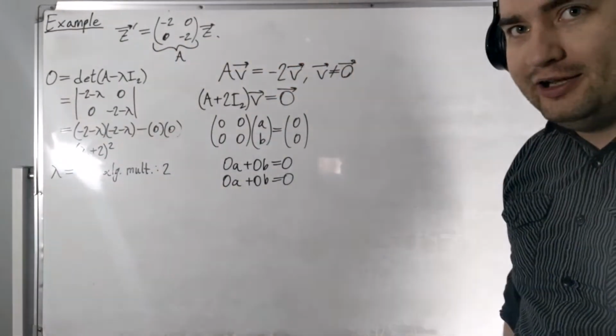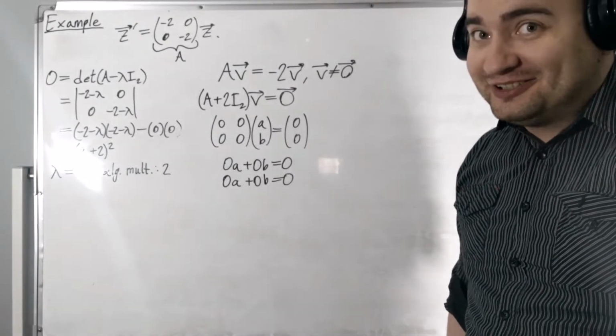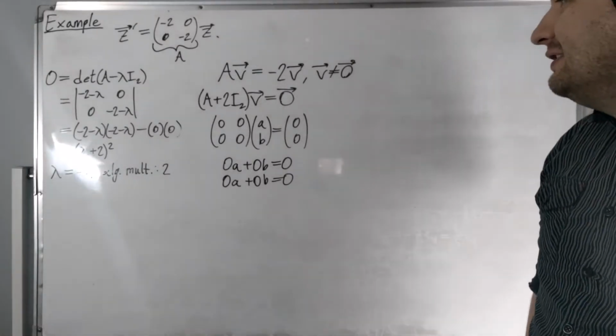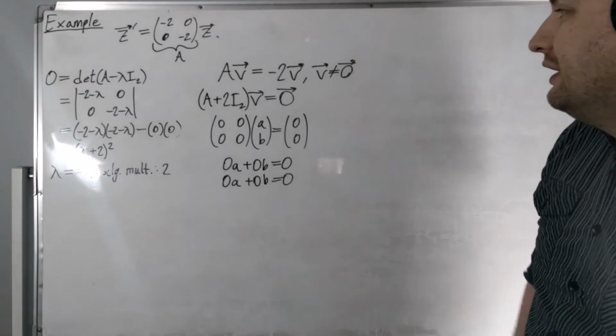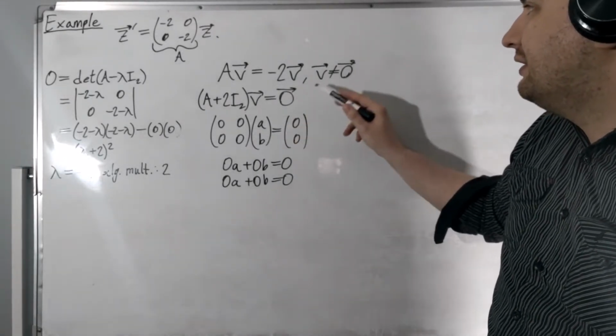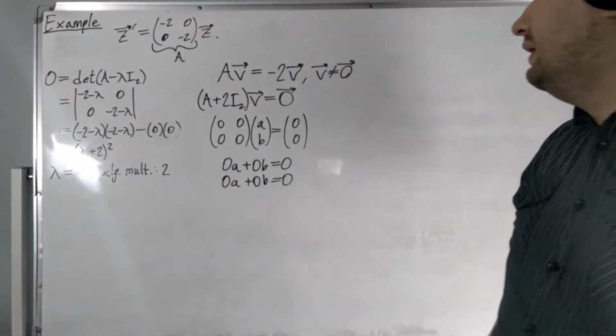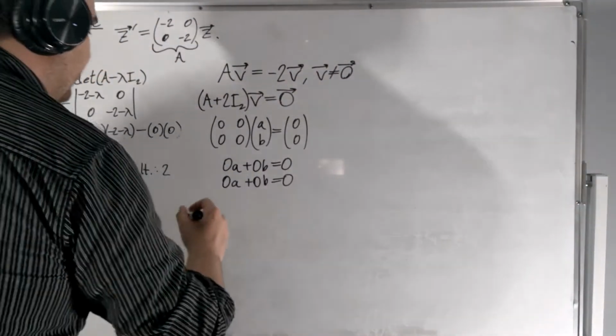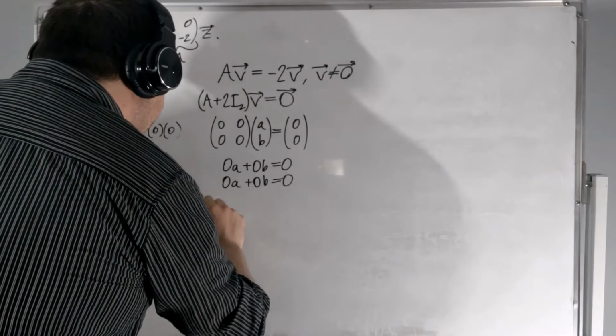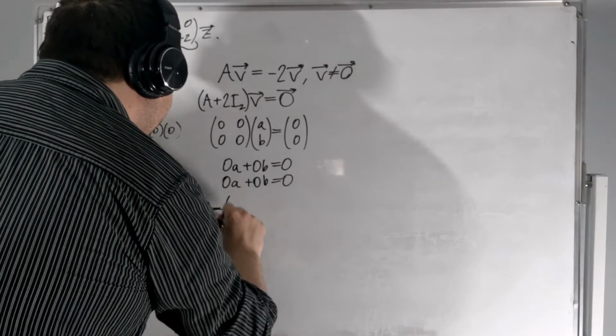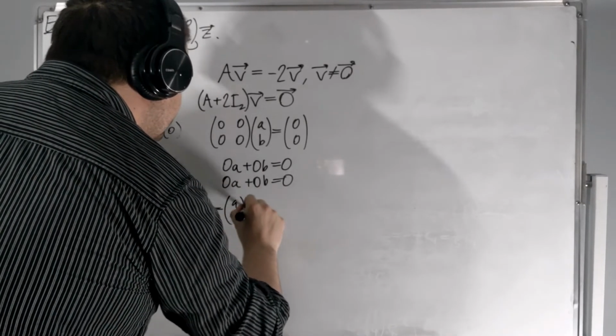And you're like, okay, yeah, we already knew that. Yes, however, what this illustrates is that there is no restriction on what a and b can be, other than that they must not be both 0.